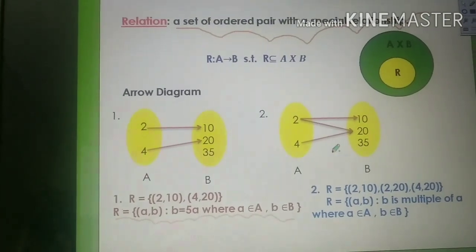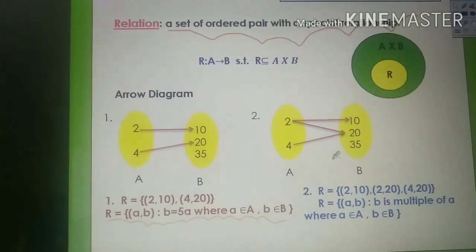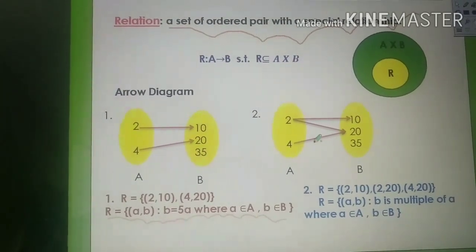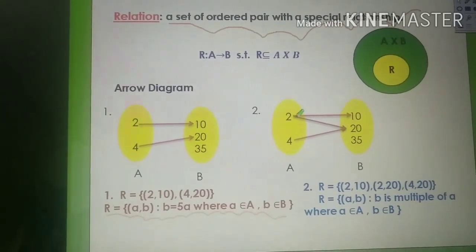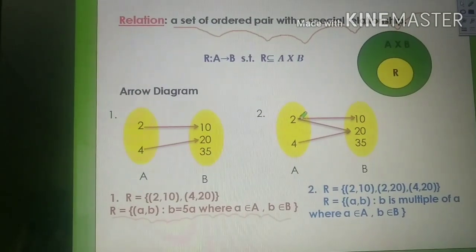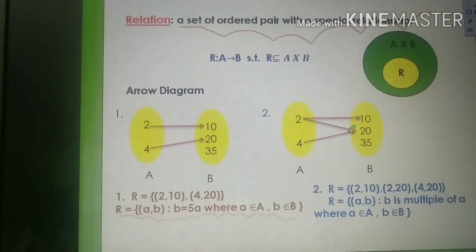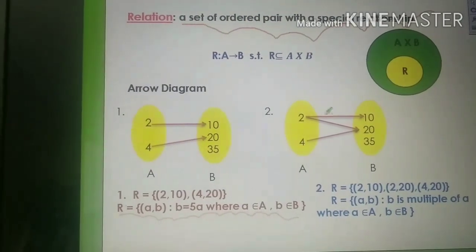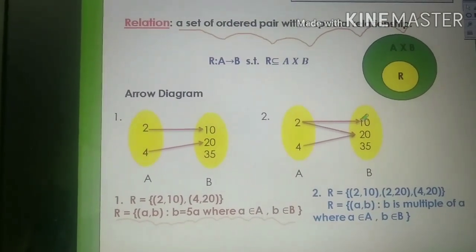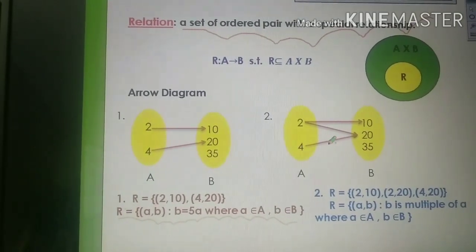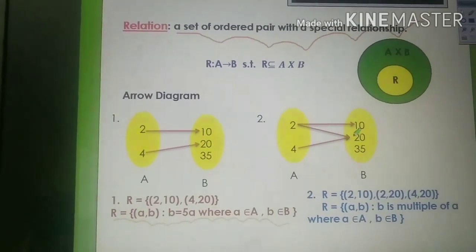We can also define another relation from that Cartesian product. There is a second relation. In this relation, the arrows are going from 2 to 20 and 2 to 10. And also the arrow is going from 4 to 20.